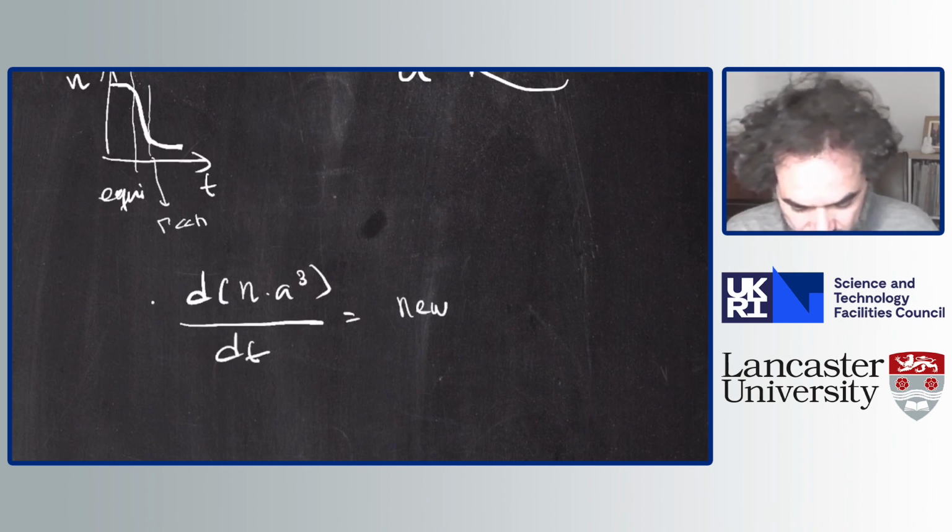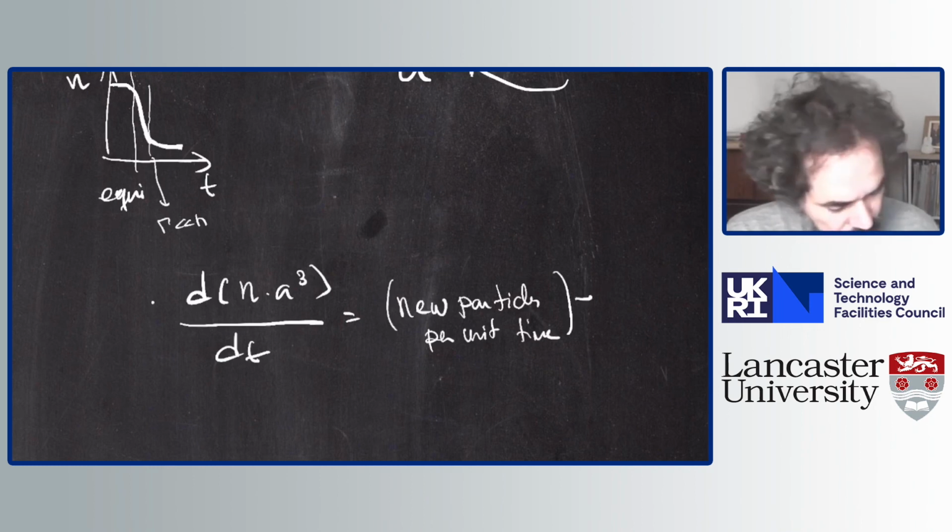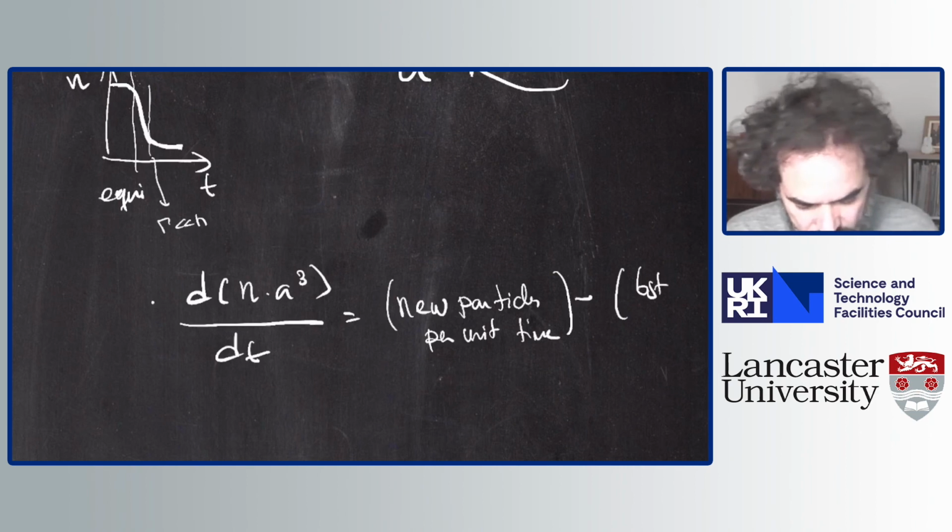All right. So what we want to understand is the evolution of the total number of particles, so the number density multiplied by a cubed, as a function of time, and this is going to be given by new particles per unit time minus lost particles per unit time.